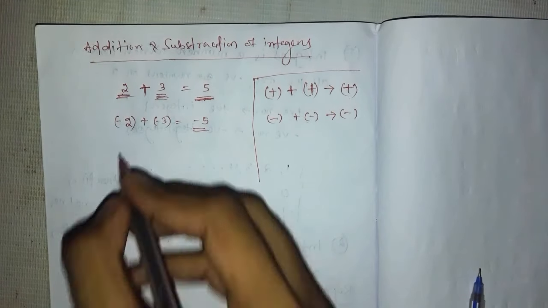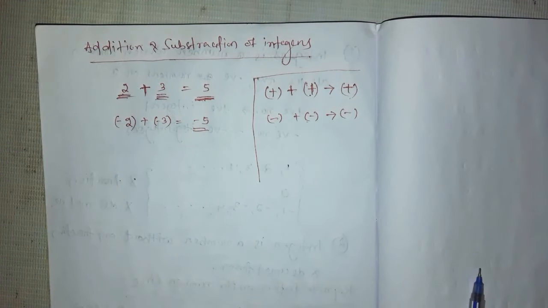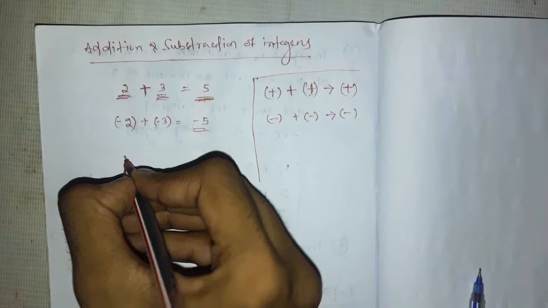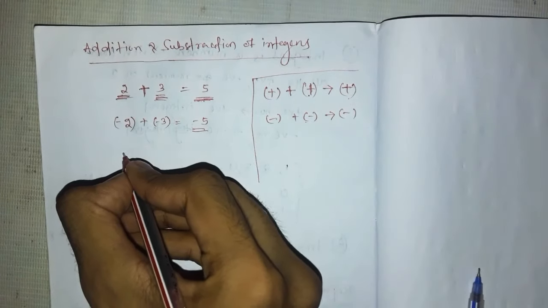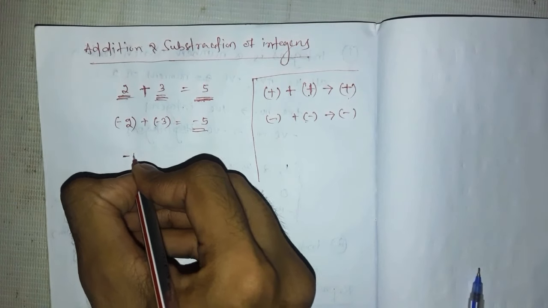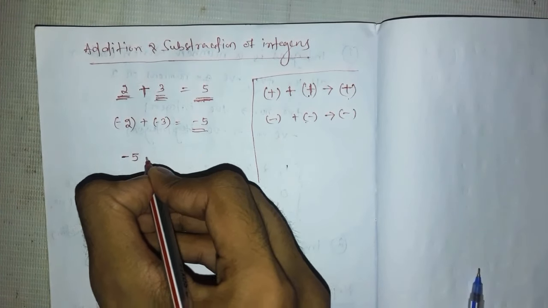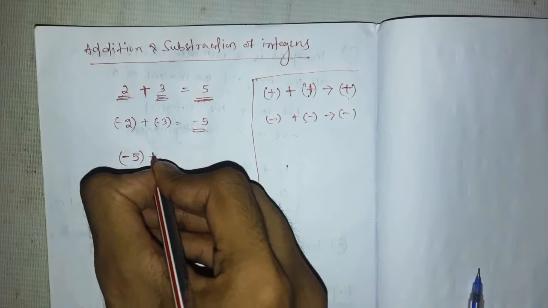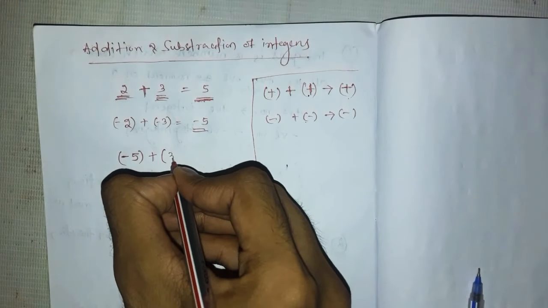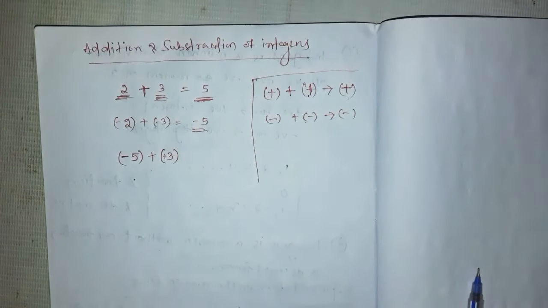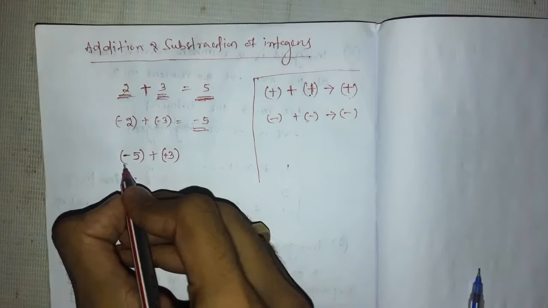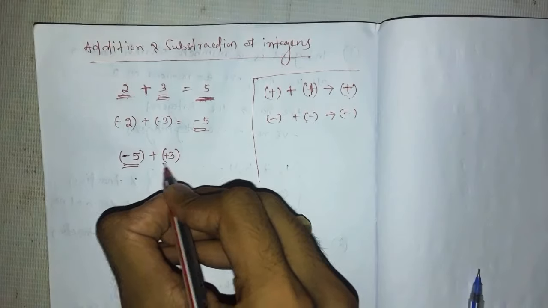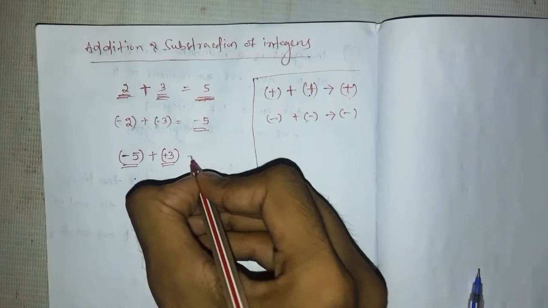Then comes the third rule. If we add one positive integer and one negative integer, let us take an example. If I add minus 5 with plus 3, where minus 5 is a negative integer and plus 3 is a positive integer, what will I get?